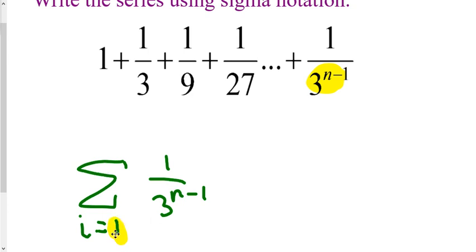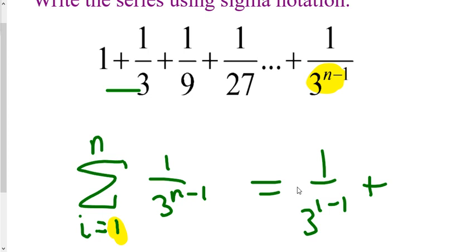So if I stick 1 in there to start with, I have 1 over 3 to the 1 minus 1, which is the same thing as 1 over 3 to the 0, which is indeed the 1, right? And so how many terms do I go up to? Well, it looks like I go all the way up to n terms.